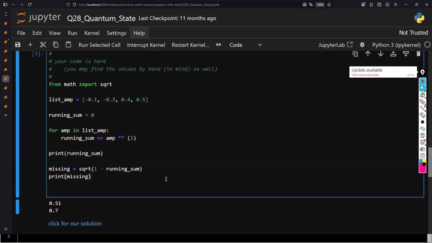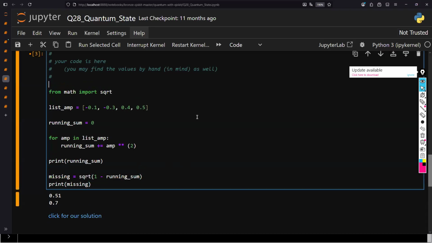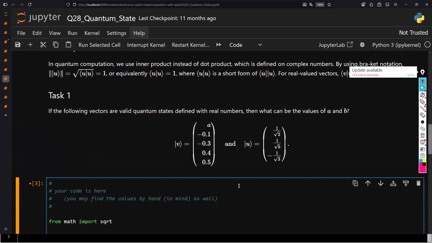So if someone got this right, then congratulations. That's the proper answer to that question. You may notice that it's also possible to put in an answer of not only 0.7 but also negative 0.7.